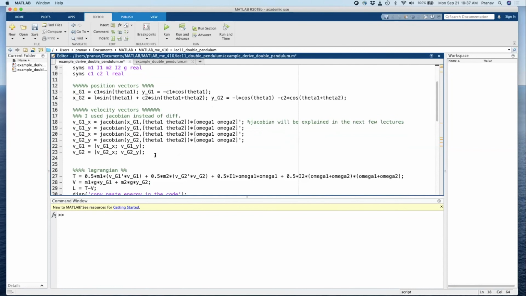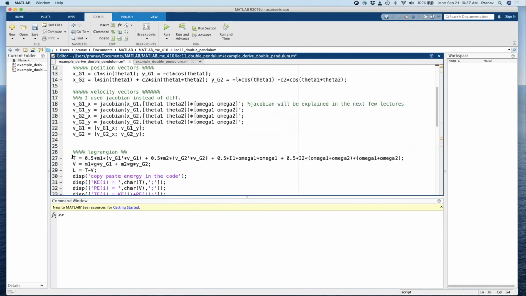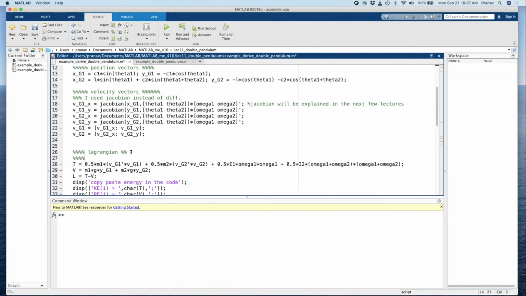So once I get the velocity, then I set up the kinetic energy, which is copy pasted from the formula. Here I used a different notation. Instead of writing xg dot square plus yg dot square, I actually wrote vg1 transpose times vg1, and that's actually a more efficient way of getting the scalar.